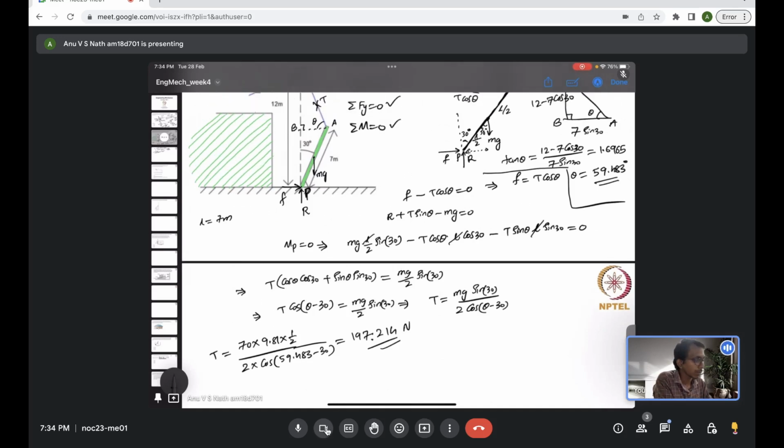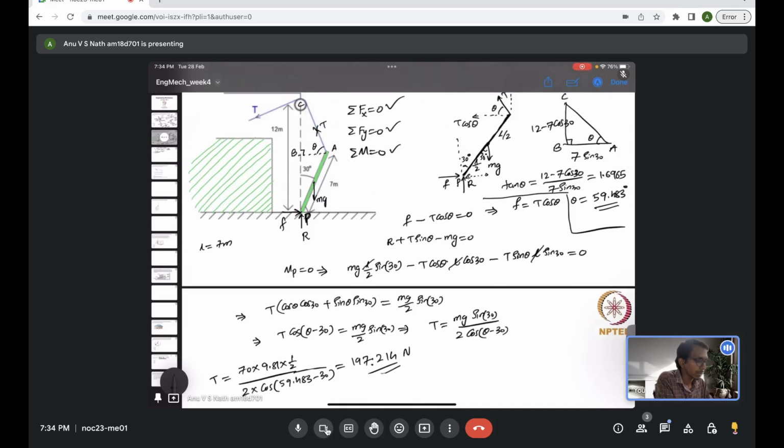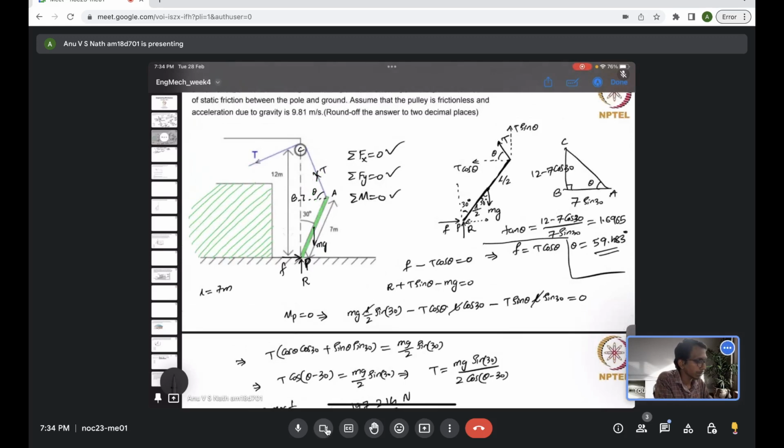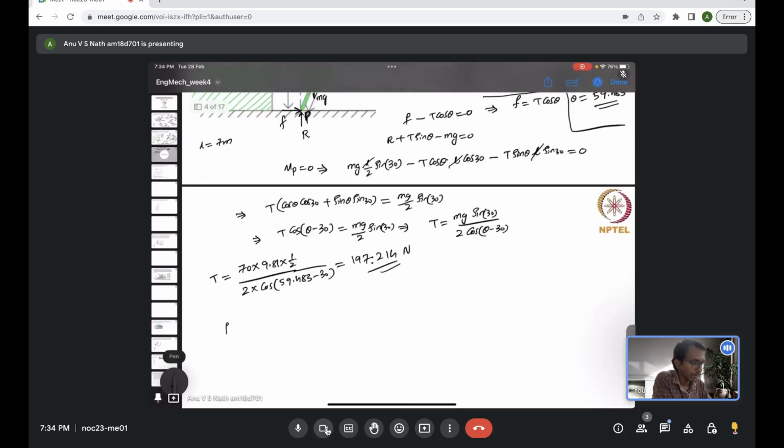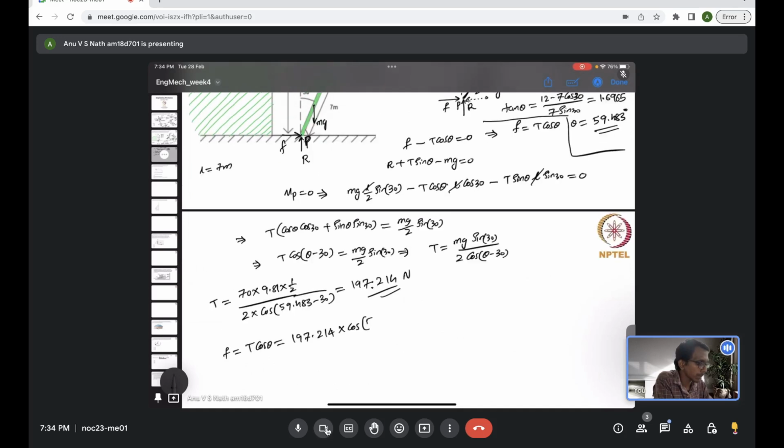So now we got one of the forces. Now from the horizontal balance equation, that is F minus T cos theta equal to 0, we can evaluate what is the value of F. So F is T cos theta, which is 197.214 times cosine of theta, which is again 59.483.